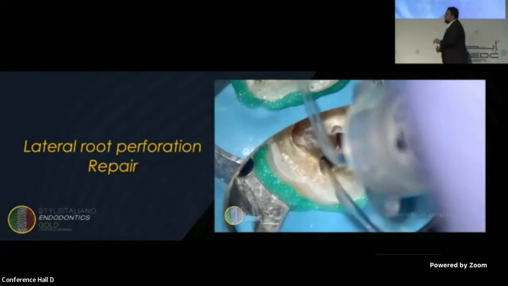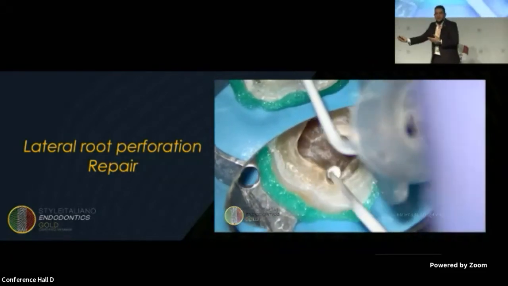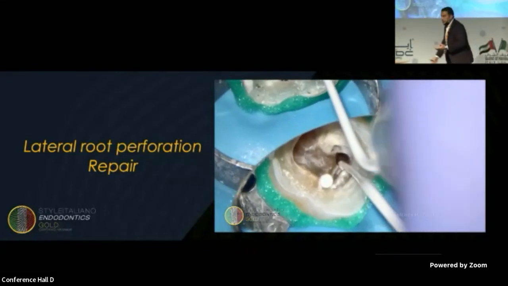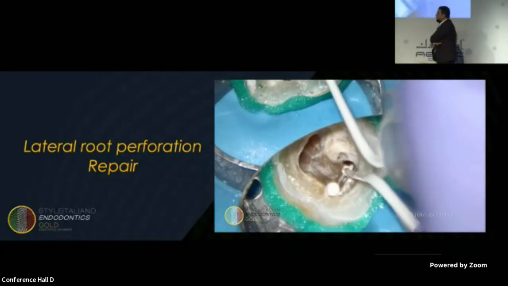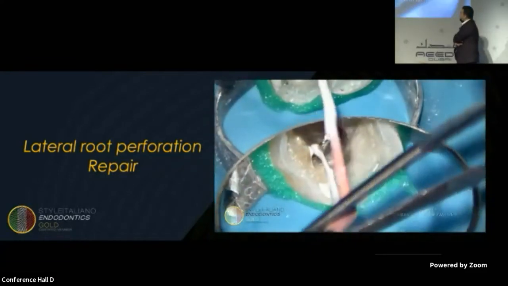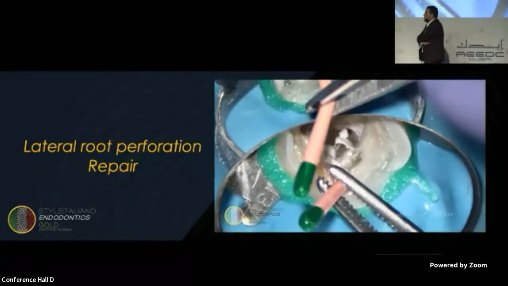In those cases, I like to use bioceramic sealers also. So if some sealer comes into the perforation site, I don't have a problem. Here's a master cone. I use a modified hot technique.